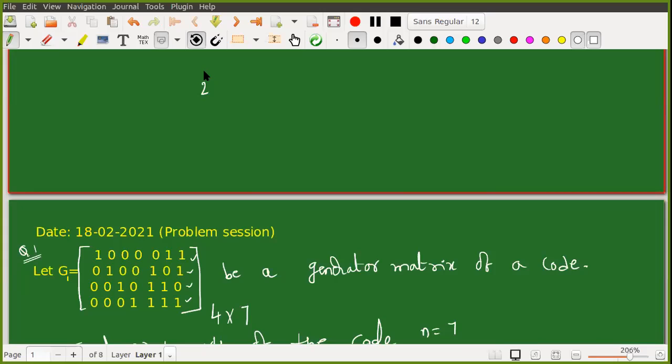What is the total number of words, not codewords, total number of words? 2 raised to 7. So 2 power 7 is the total number of words. Now, 18 is not correct anyhow. The number of rows cannot be 18.